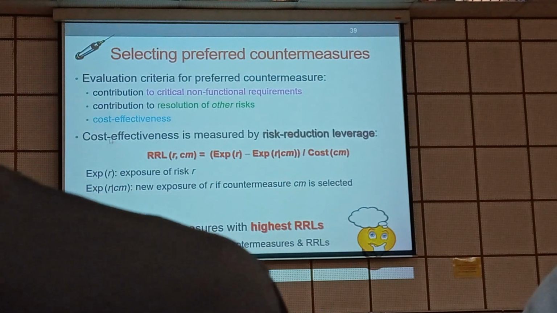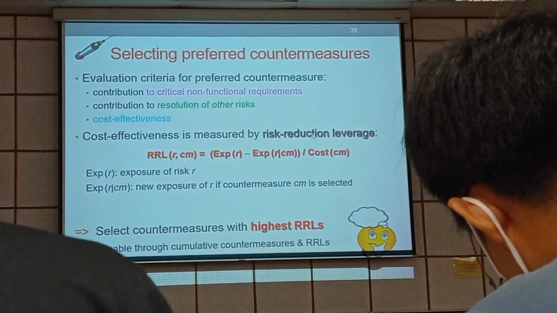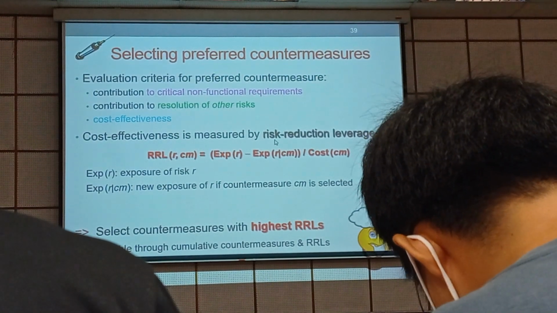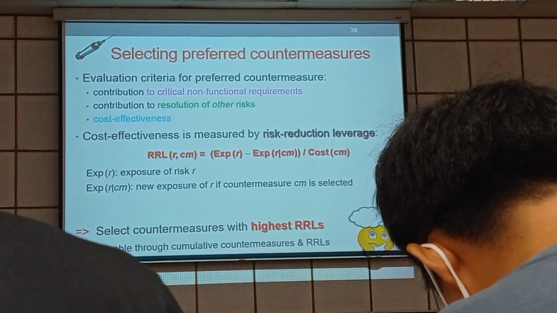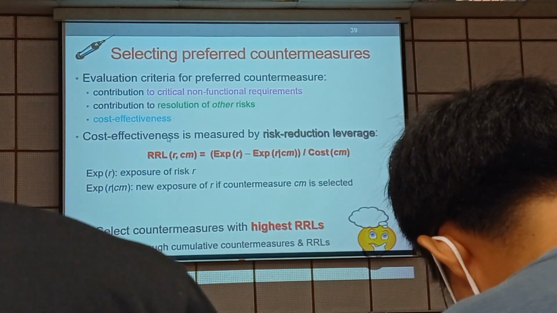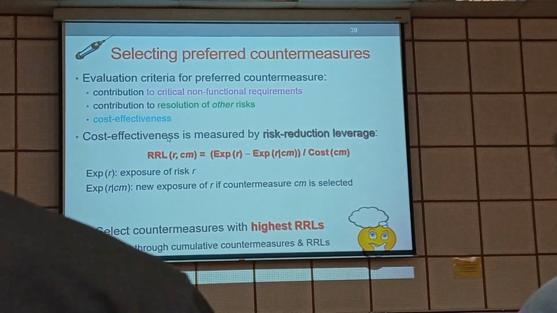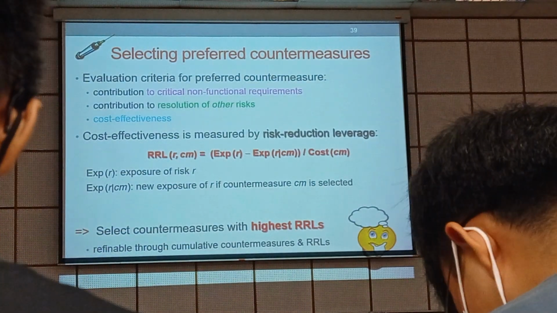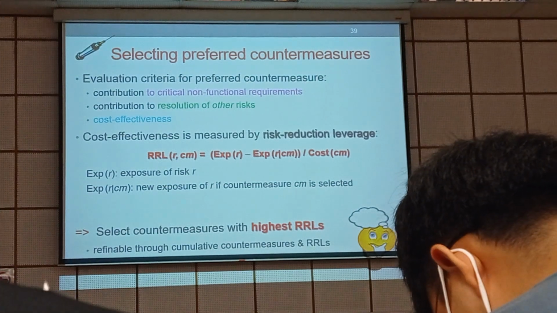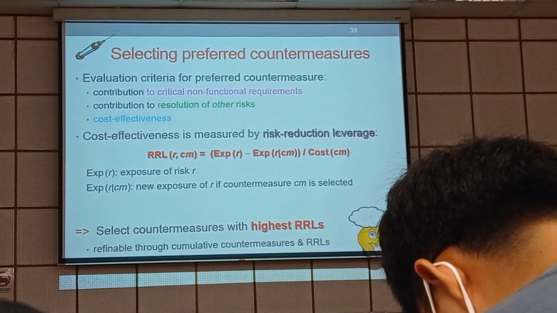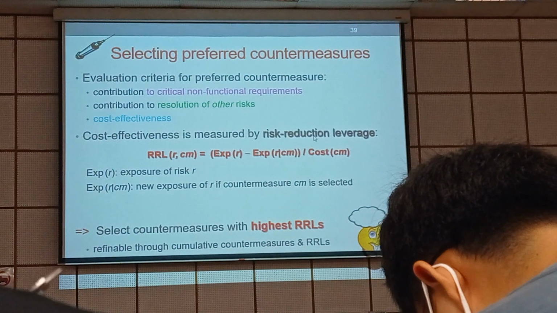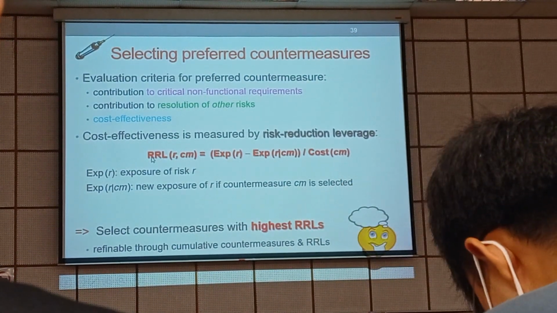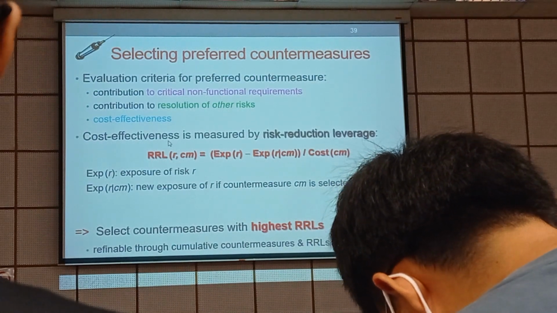First, cost effectiveness is measured by risk reduction leverage. So what is risk reduction? I just explained: how much of the risk can be reduced? If you spend 100,000 to reduce the risk, and you manage to reduce the risk to 0, then the effectiveness is very good. The risk reduction is good, because you managed to reduce the risk for 100,000. So cost effectiveness is high.